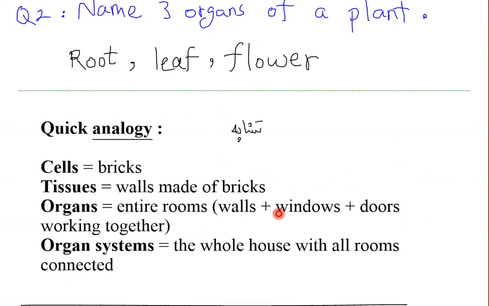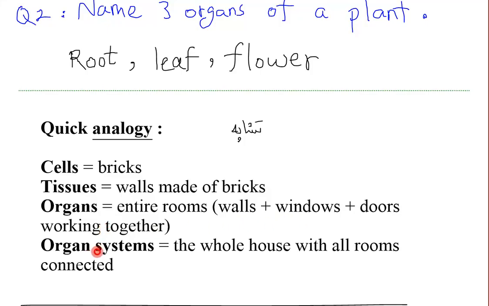There is an analogy between the hierarchy of building blocks of living things and a house. We can say cells are like bricks. Tissues are like walls made of bricks. Organs are like an entire room, which means walls, window, door working together.